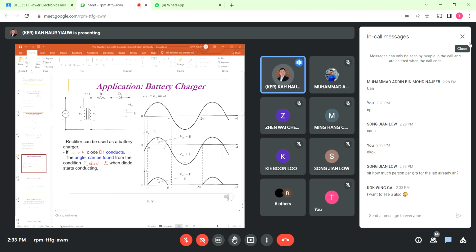For the lab section, the maximum is 3 groups. You have 11 students, so you have 3 groups of 11 and 1 group of 2.